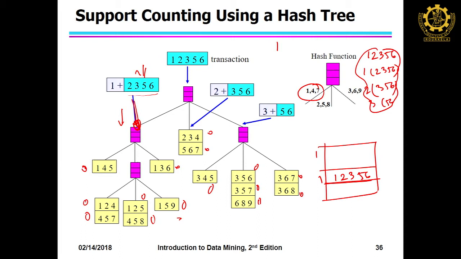Again, what you can do is first 1, and next we can do 2 and any combination of 3, 5, 6, and similarly 1 and any combination of. So, this is done. Everything obtained from here will be obtained from this node, but this is not the leaf node. So, you have to go down.